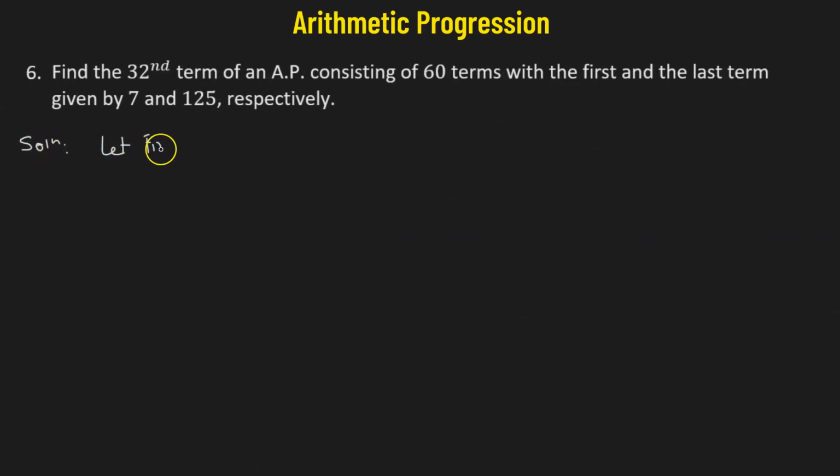Let the first term be represented by the lowercase letter a, and this has a value of 7. Our last term is also given. We will consider the last term to be the nth term. This value is 125. And this has a total of 60 terms, so the n value is 60.